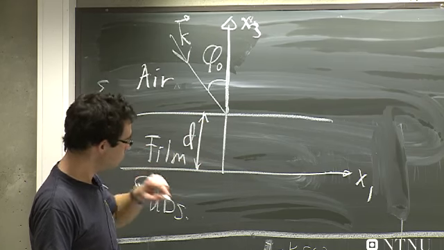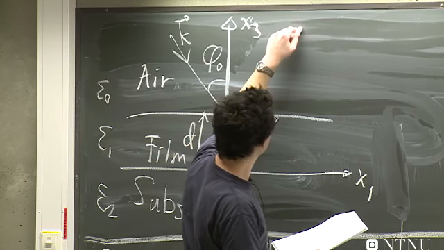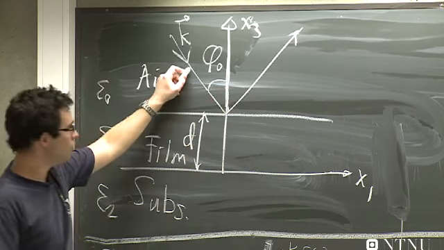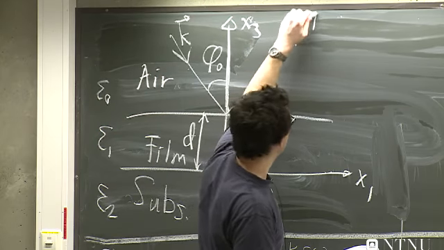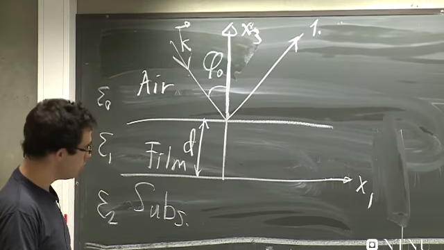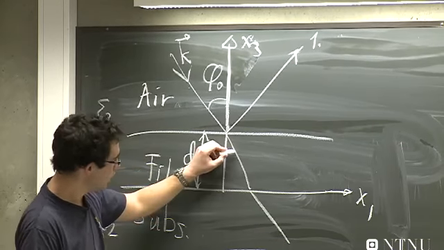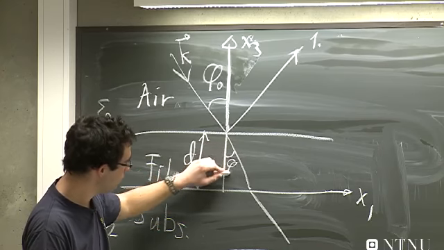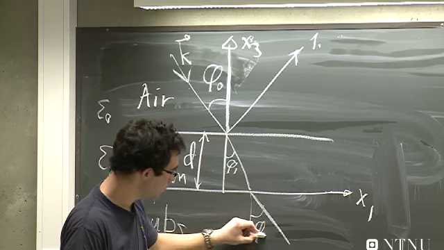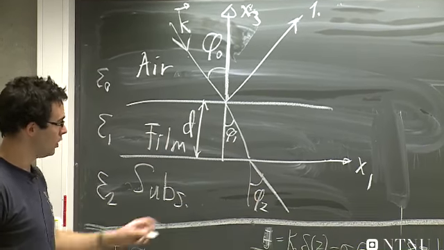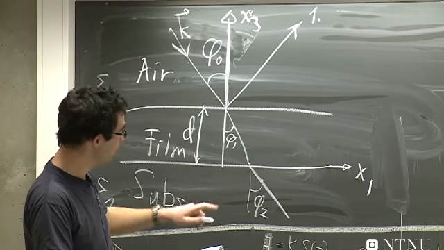And now we're going to have a primary reflection here from the waves being reflected at the top interface of the film. So that's the first reflection. We're also going to have transmission like this. And I define an angle phi 1 in medium 1 and phi 2 in medium 2. The angles are probably not in the correct proportion, but you get the idea.